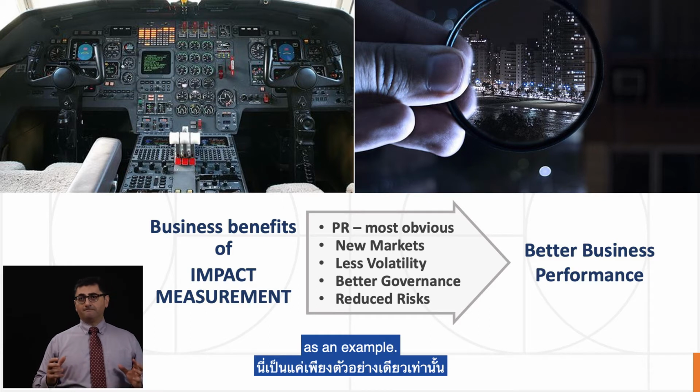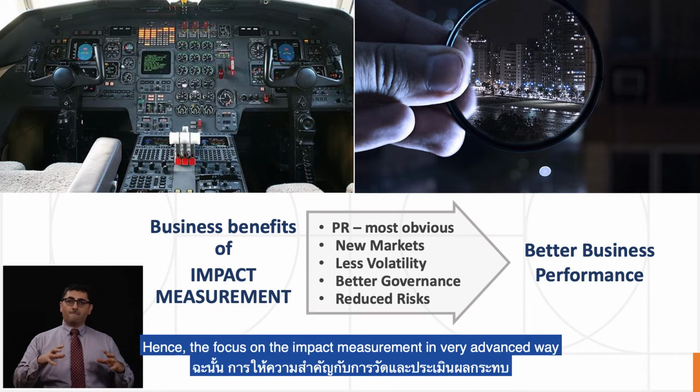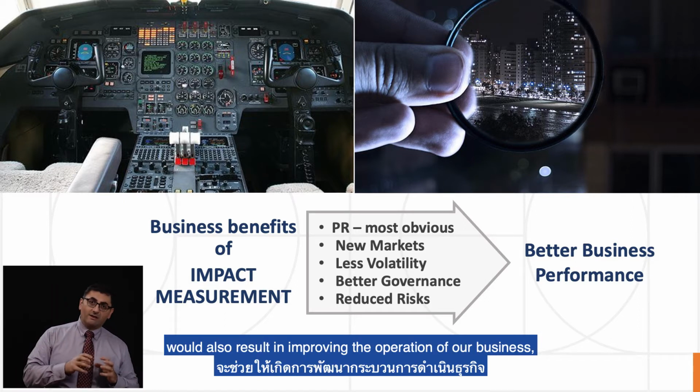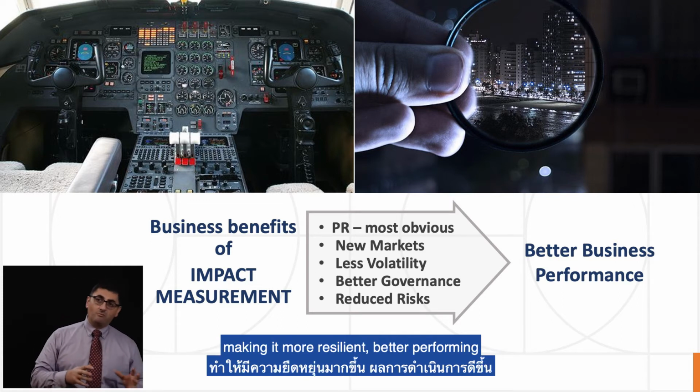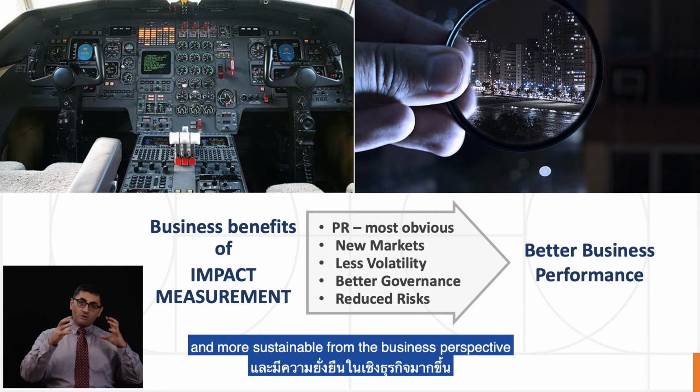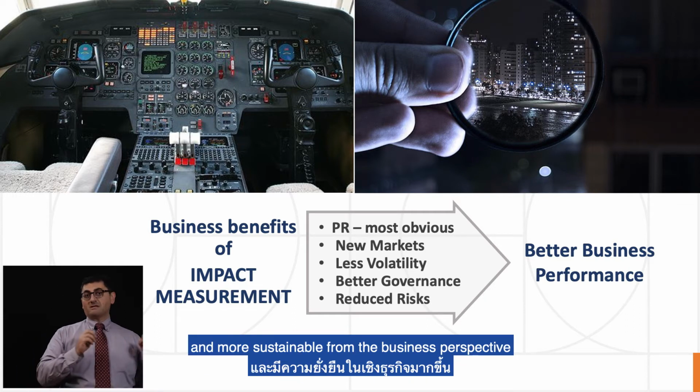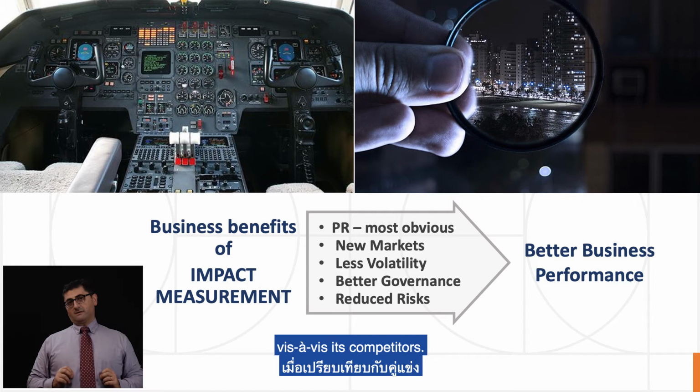Hence, the focus on impact measurement in a very advanced way would also result in improving the operations of our business, making it more resilient, better performing, and more sustainable from the business perspective vis-a-vis its competitors.